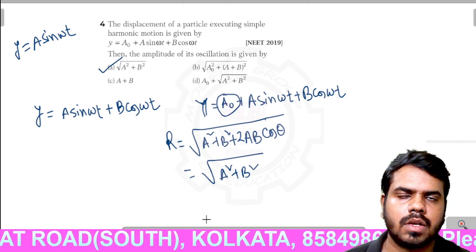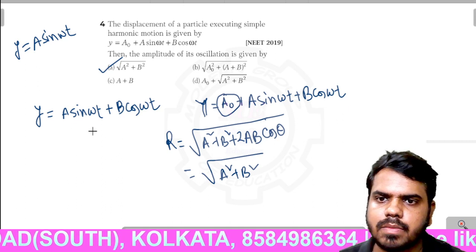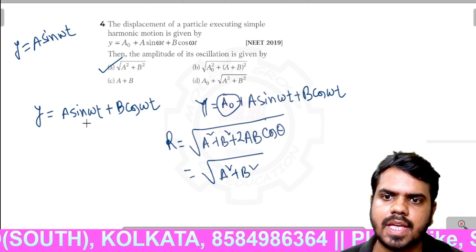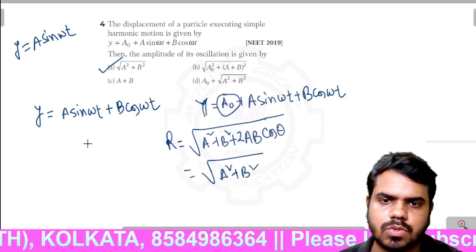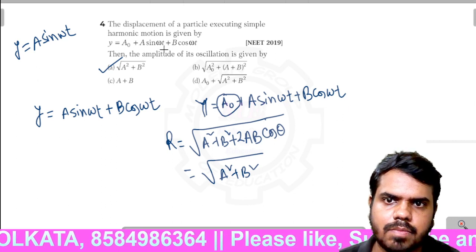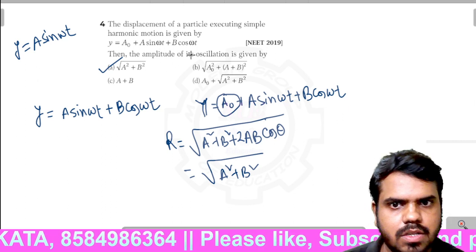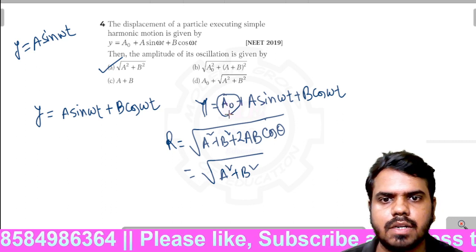Hope you have understood all these concepts. Now repeating the concept, this is the displacement equation y equal to a sin omega t plus b cos omega t, the general equation. Here in the question it is written a naught plus a sin omega t plus b cos omega t, because a naught is the displacement at the mean position.